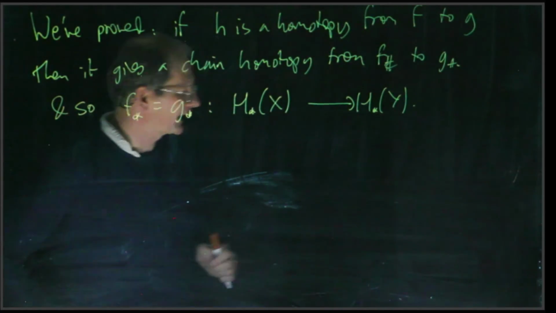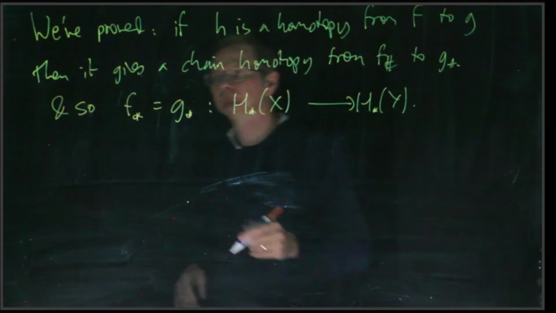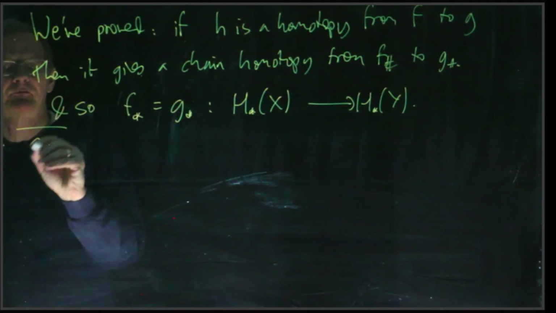So you get the same maps from the homology of X to the homology of Y.